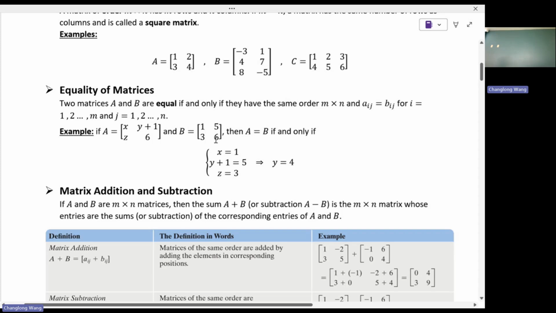Every single pair of corresponding elements or entries of the two matrices must be the same, not to mention they must have exactly the same order: the same number of rows and the same number of columns. I hope that's obvious, since you set things to be the same as each other.